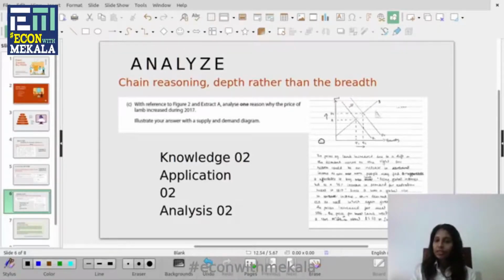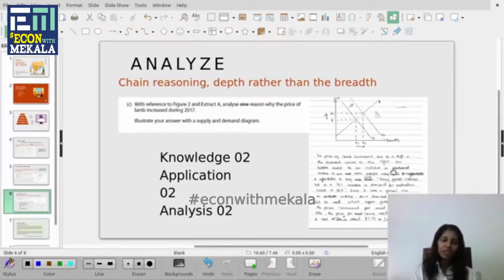So the supply curve is correct, positive relationship. He has demonstrated the original demand curve. Demand has a downward sloping curve, correct. So if you label the x and y axis and draw the supply curve and demand curve correctly, you can easily score your knowledge marks.